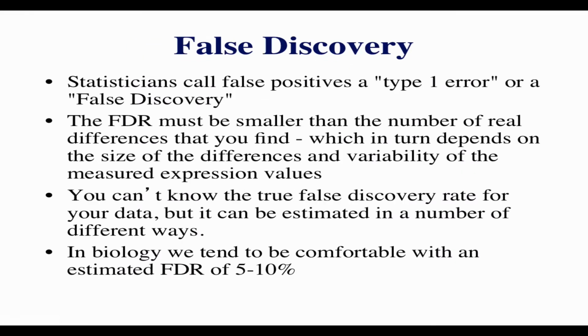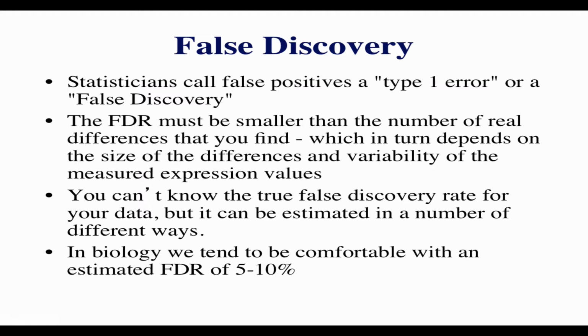So statisticians call false positives a type 1 error or a false discovery. Obviously, the false discovery rate should be smaller than the number of real differences that you find. Typically, biologists tend to be comfortable with false discovery rates in the area of 5 to 10%.